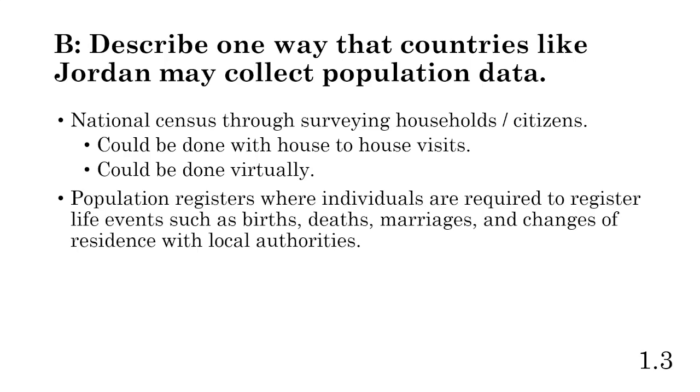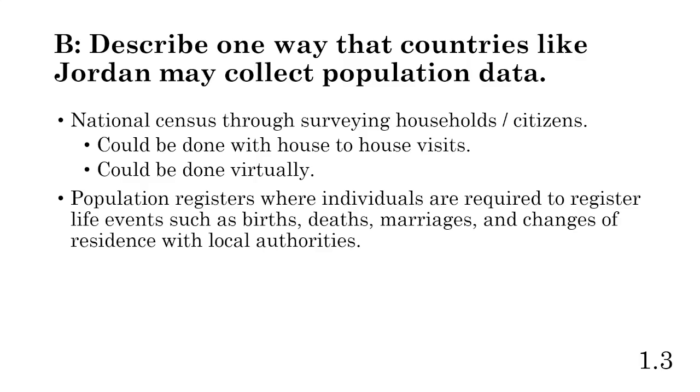Here's another one, a little longer of an answer, but not something to do with the census, but you may know about this. It's not in the curriculum either, but it is common a little bit. So population registers, that's where individuals are required to register life events like births, deaths, marriages, changes of residence with local authorities.